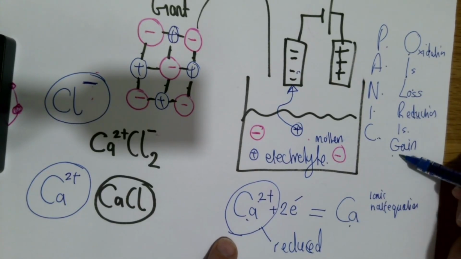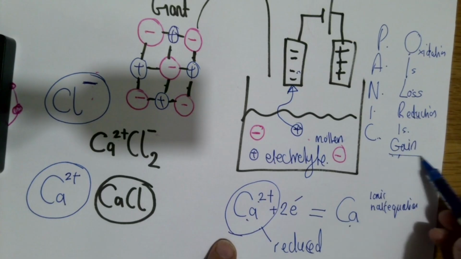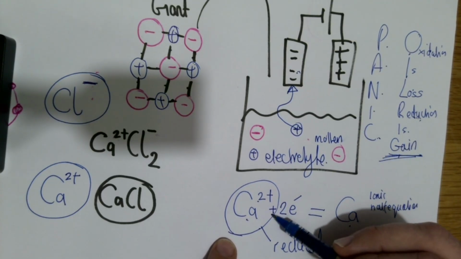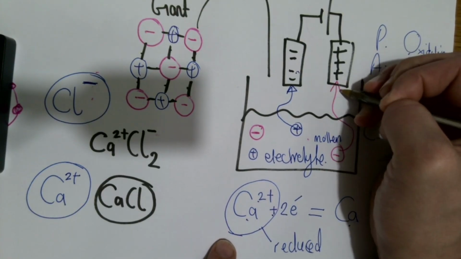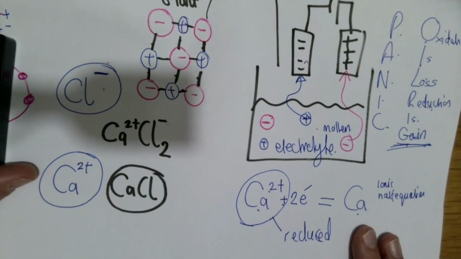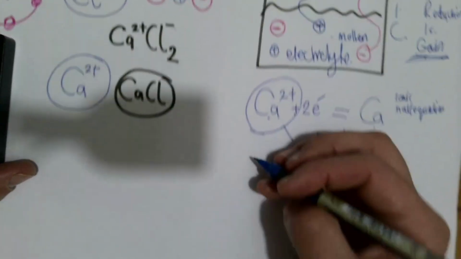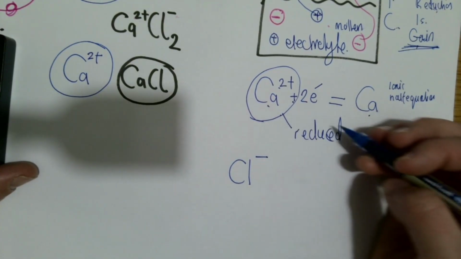Oxidation is loss, reduction is gain. And because you're adding 2 electrons to calcium, it's gaining 2, the gain is reduced. So it's being reduced.